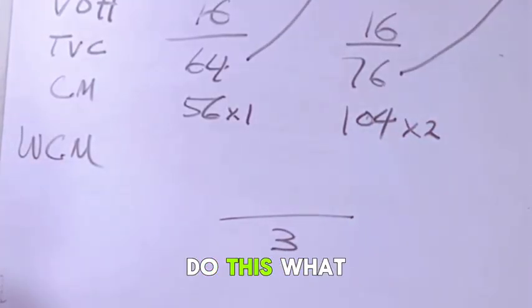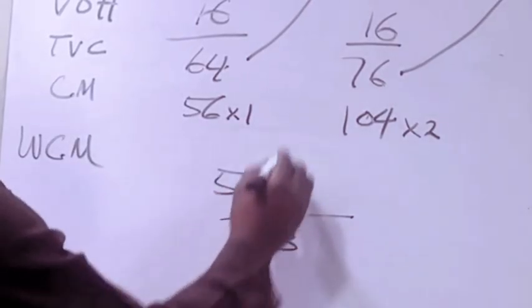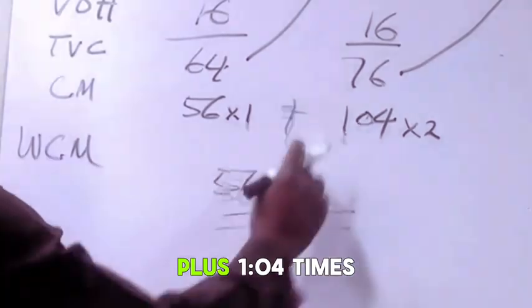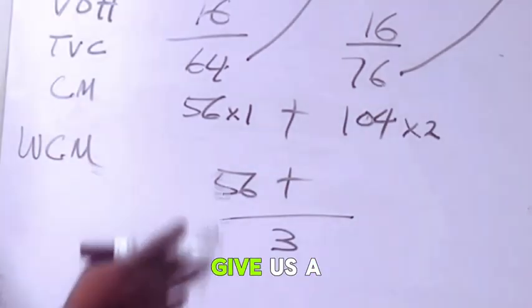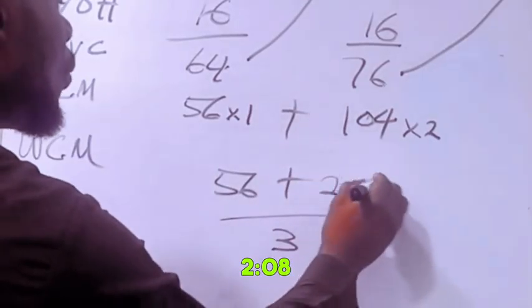So when you do this, what do we have? Here we have 56 plus 104 times 2, that should give us 208, I think. 104 times 2 is 208. So we have 208.